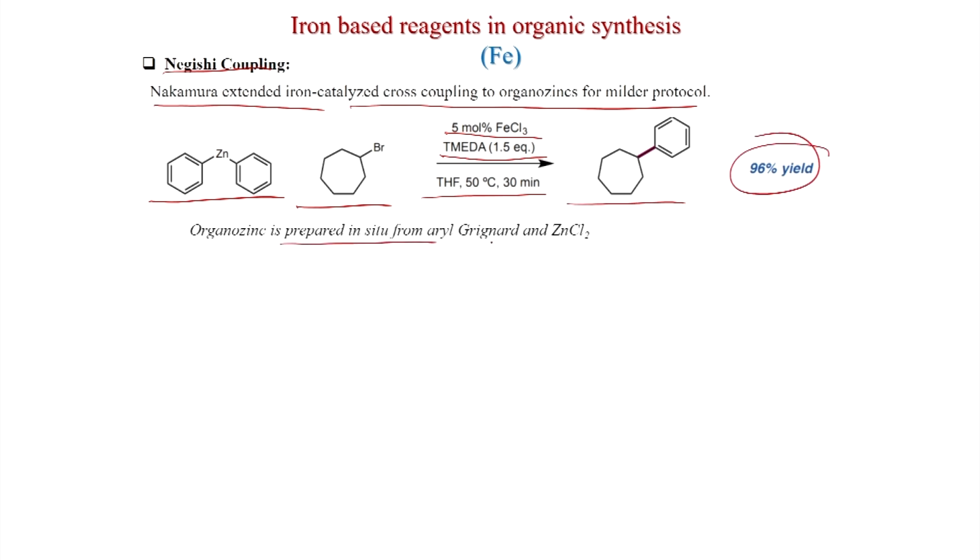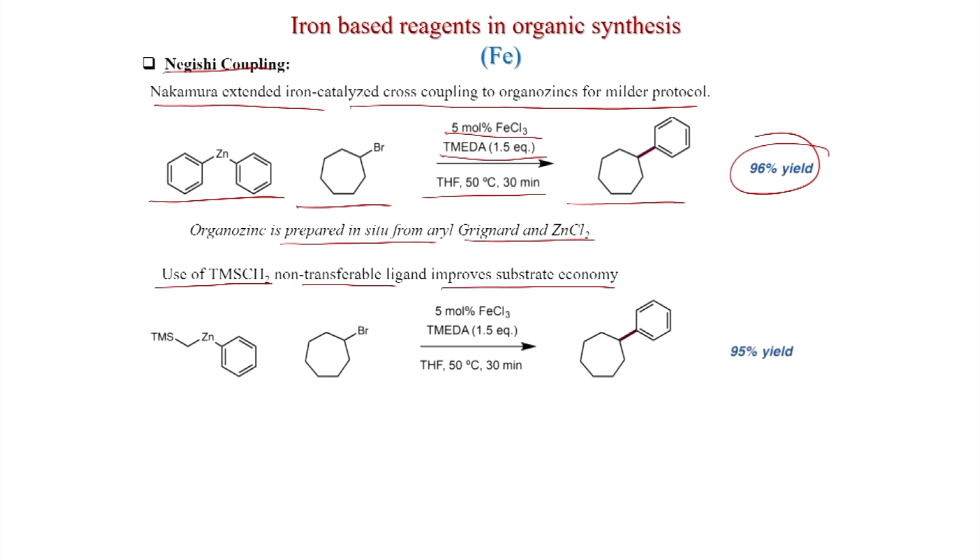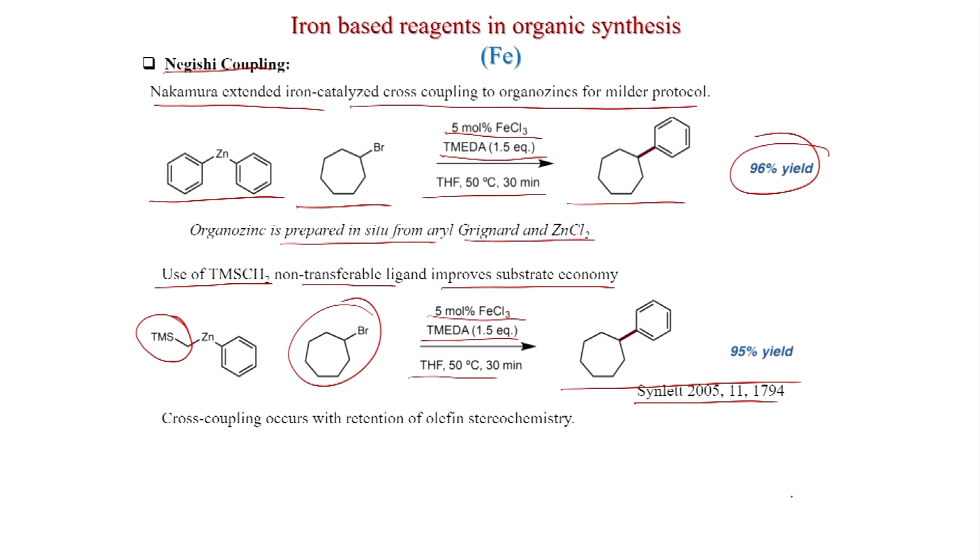Organozinc is prepared in situ from aryl Grignard and zinc chloride, that also we have seen earlier, and use of TMSCH2 non-transferable ligand improves substrate economy, like here instead of another phenyl group, if you put the CH2TMS which is much smaller in size with the same bromide, cycloheptyl bromide, 5 mole percent ferric chloride, TMEDA 1.5 equivalent, THF, 50 degree centigrade, you get this product again in 95% yield. This was published in Synlett 2005.